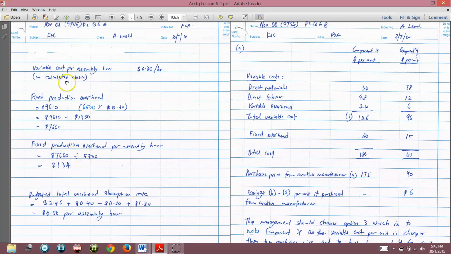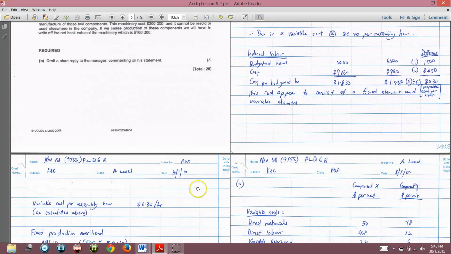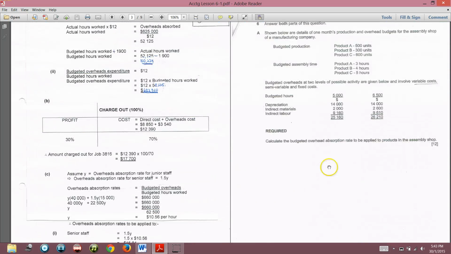So the variable overheads for indirect labor is 30 cents, and then the fixed production overhead per assembly hour is 7660 divided by the budgeted hours. This is the budgeted fixed indirect labor divided by the budgeted hours, which is 1.34. So you see, all these are overheads.